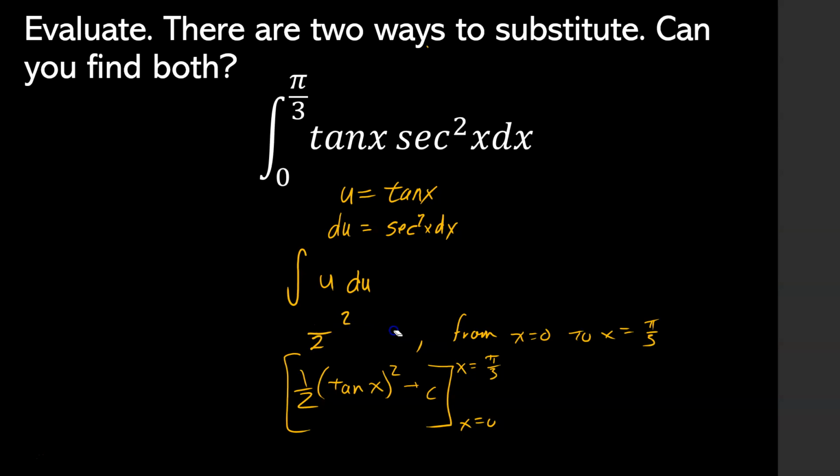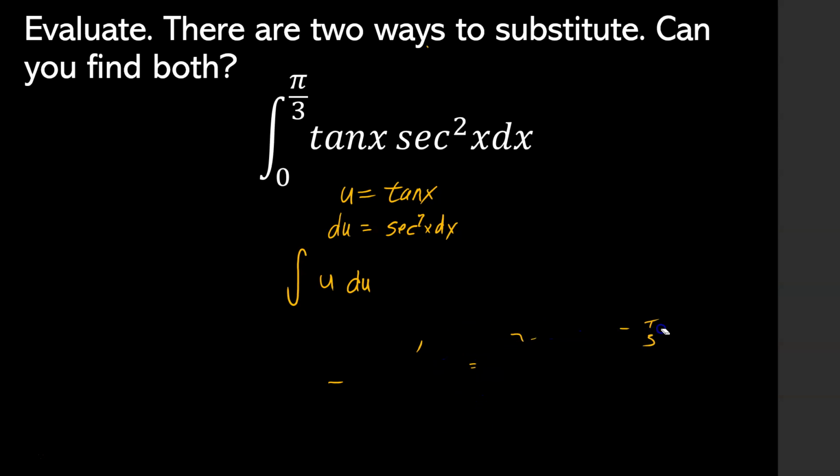What I like instead is not changing a definite integral to an indefinite integral and then back again. And so what we have to do is use u equals tangent of x. So when u is equal to tangent of x, that means tangent of, let's use the x value, pi thirds, that u, tangent of pi thirds, is the square root of 3.